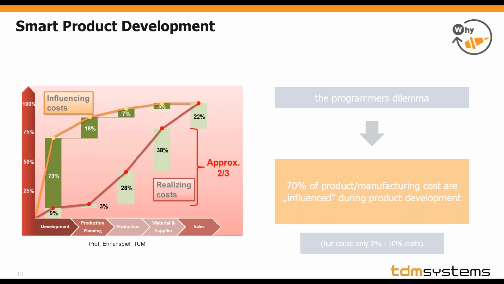So basically, in product development, you can influence the costs of a product. 70% of the costs for a product are influenced during the product development phase, even though this development phase costs only 2 to 10% compared with the entire cost. So what you can do is reuse existing tools, use the right tools, simulate and optimize, and have historical data.